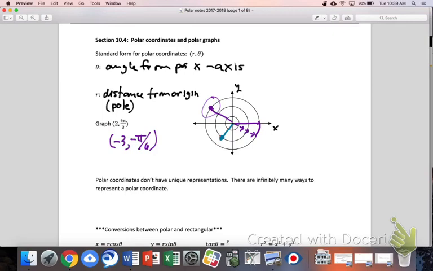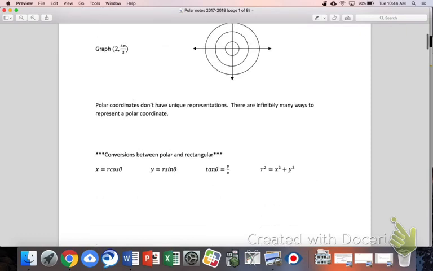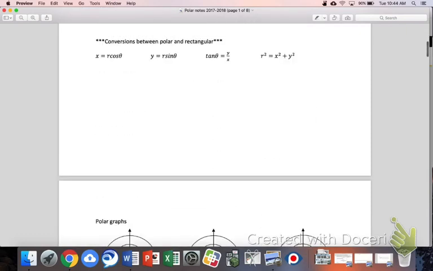Okay, so I mentioned there's infinitely many ways to get to a spot using polar coordinates. Of course, because the x and y axis are still active here, we can convert between polar and rectangular. Hopefully this looks pretty familiar with what we've been doing. And also, if you've had physics, you understand how these conversions work with components and such. These are all useful, helpful things.